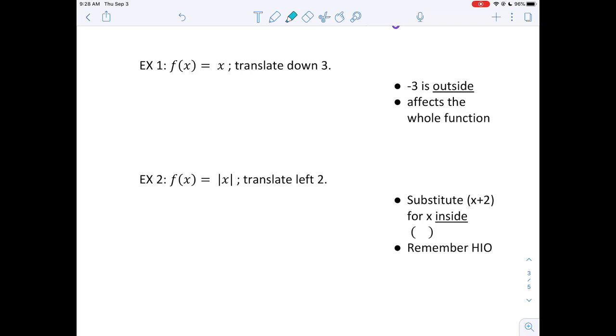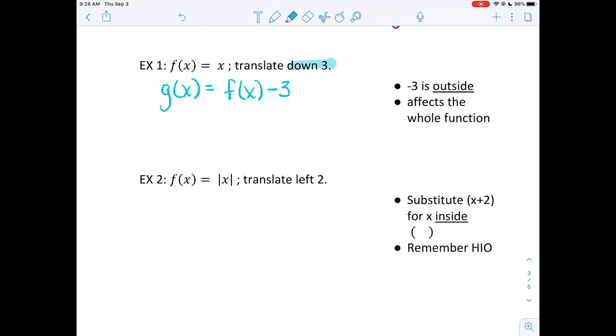So let's first do step number 1 and write our transformed function in function notation. So g of x, if you remember from just above, is whatever our parent function is, and then in this case we are going down by 3, so we're going to say -3 to take care of down 3.